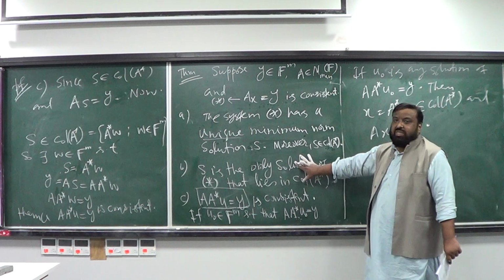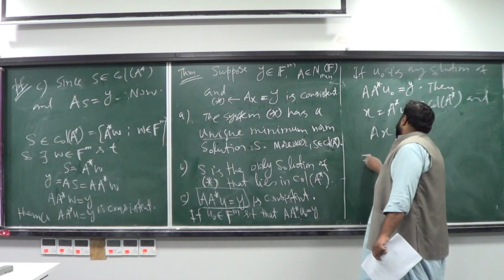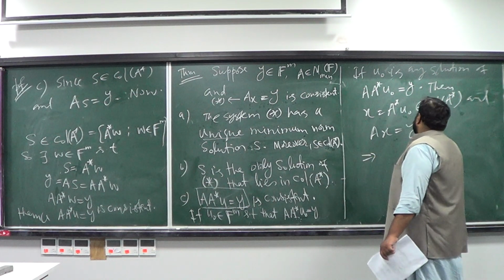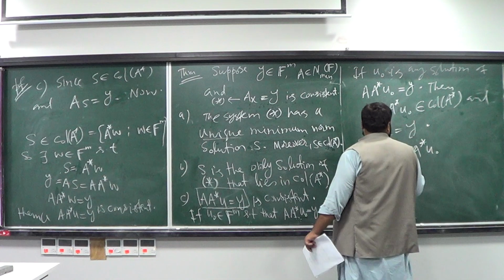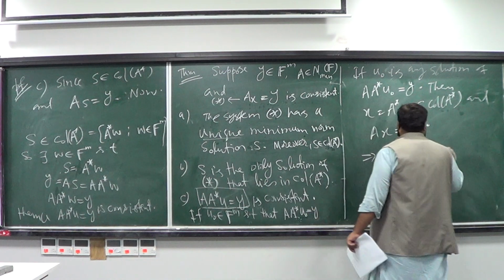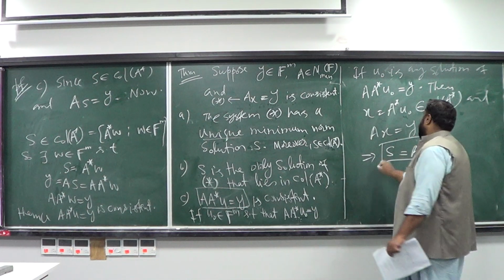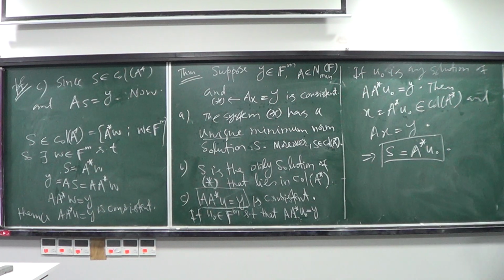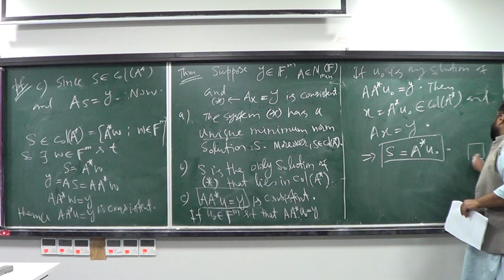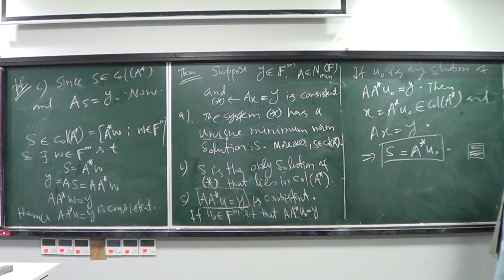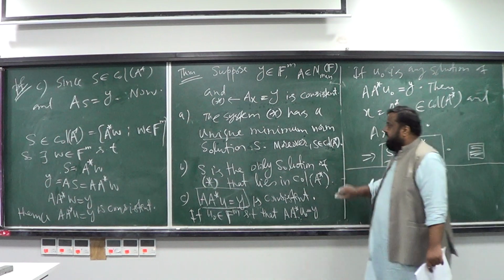So from part B, from the uniqueness, A star U naught and S can't be different. They must be equal to each other. And this completes the proof of the theorem.